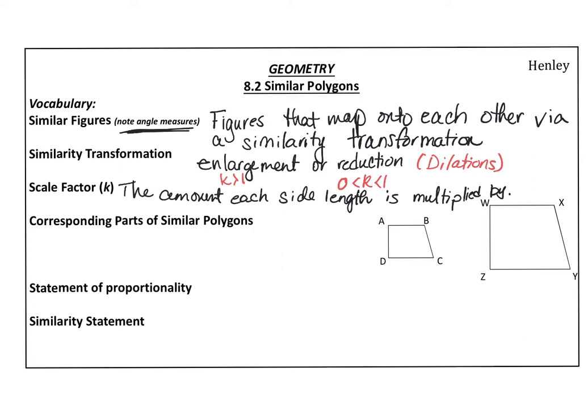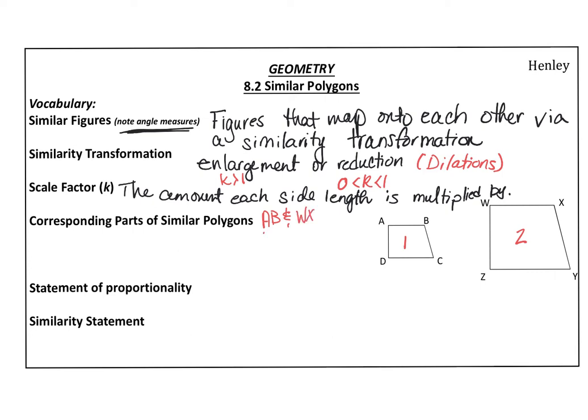Now, corresponding parts of similar polygons. When we look at these shapes, we look at what things line up together. Now, in our picture that we have here, we have shape number 1 and we have shape number 2. And we're looking at the things that correspond with each other. So let's list those. We have side AB. It corresponds with side WX.